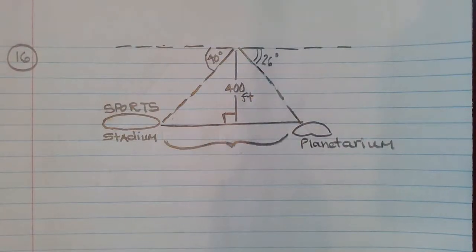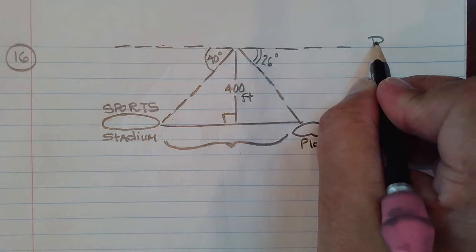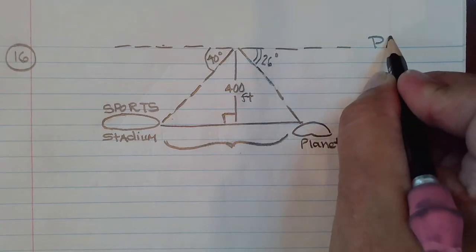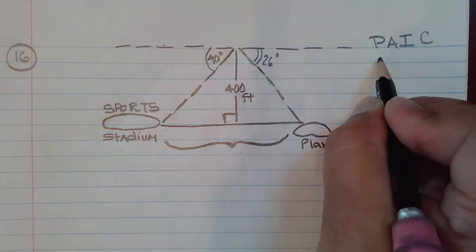Okay, here's the picture with everything in it. First thing I want to remind you of is this theorem right here. Given parallel lines, alternate interior angles are congruent.